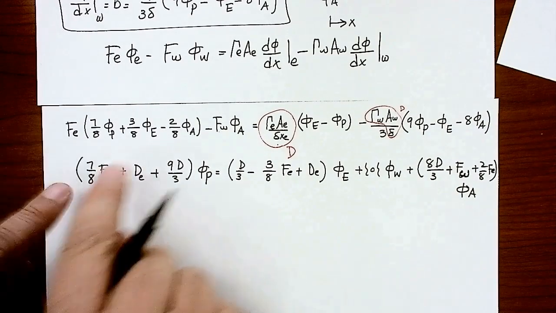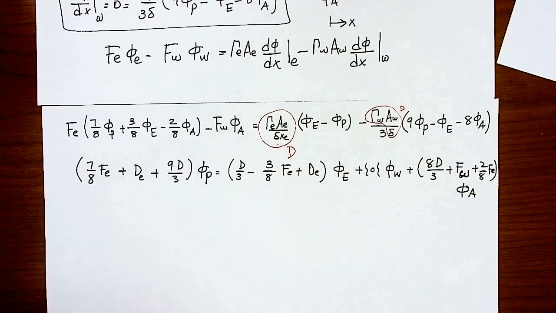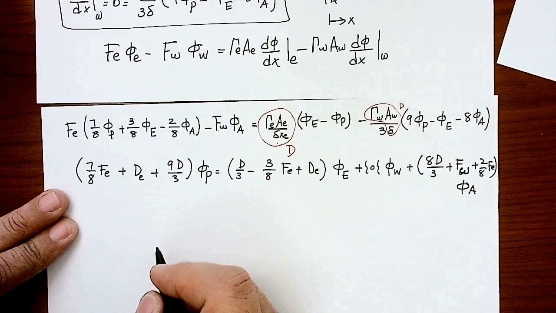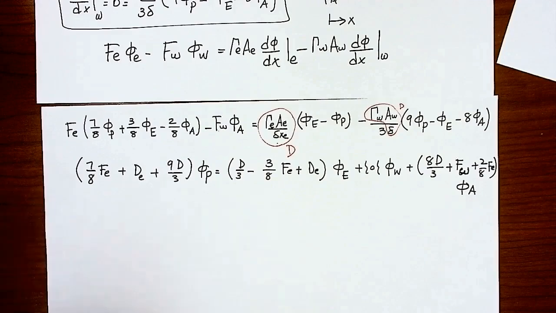Then you have to readjust these terms to match what's happening here. You're going to end up having the following equation. Let me write down the final form, because it's going to take a few seconds to just find the equation. So I got the following equation here.